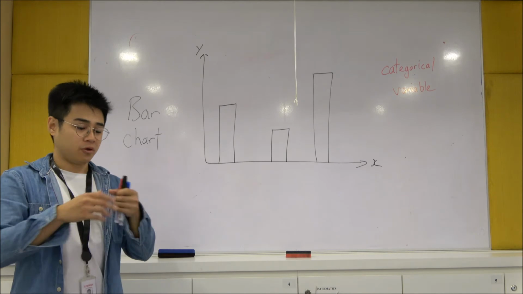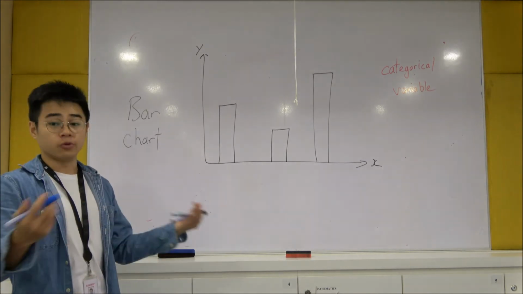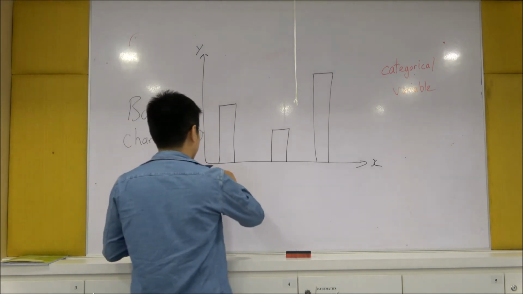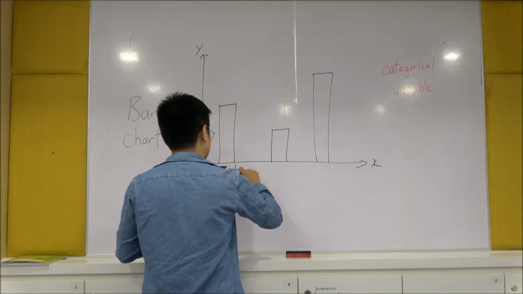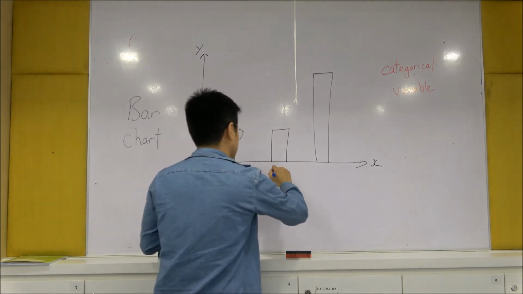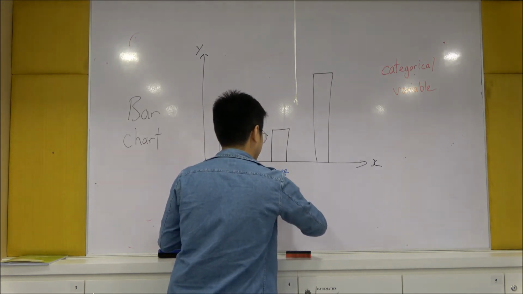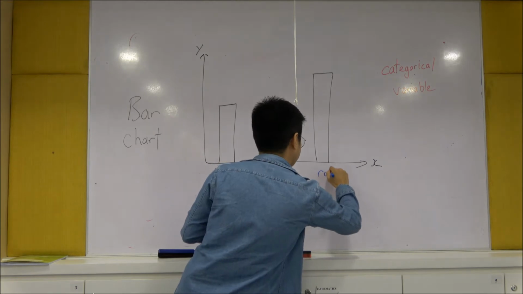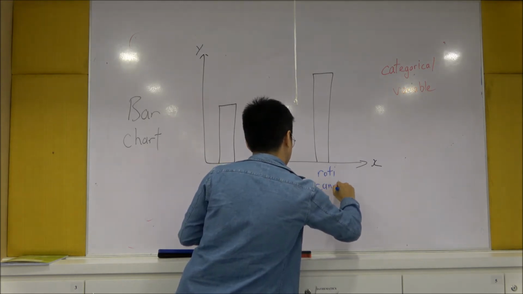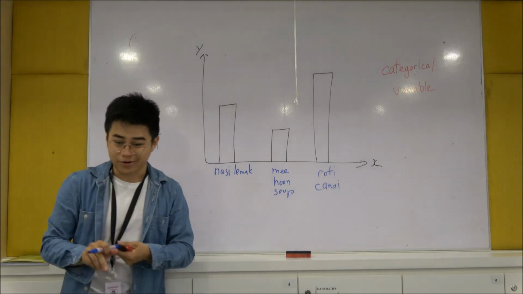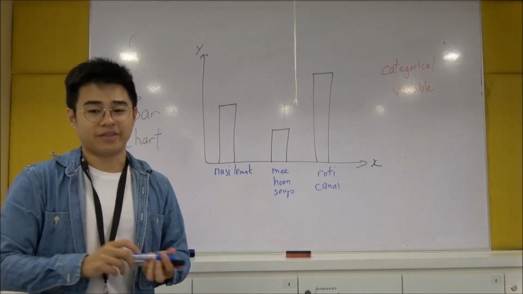For example, the type of food that people usually eat in Malaysia in the morning: you have nasi lemak, mee hoon soup, I assume roti canai. So these variables are categorical. That means they have nothing to do with numbers.